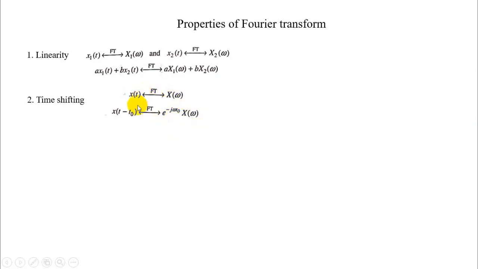So if you know the Fourier transform of a signal x(t) as X(omega), and you have to determine the Fourier transform of the time-shifted signal, you just multiply the known Fourier transform by e to the power j omega t naught.